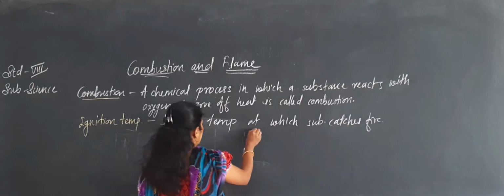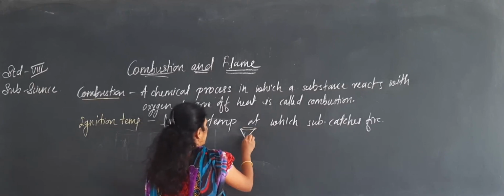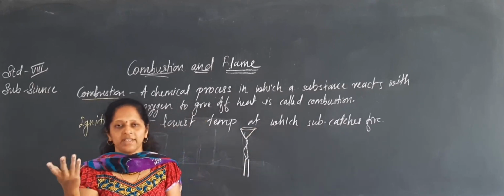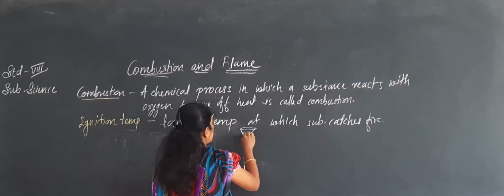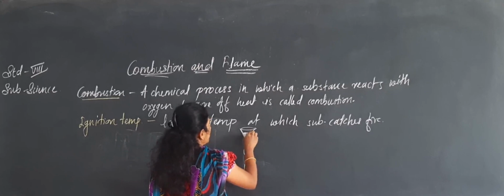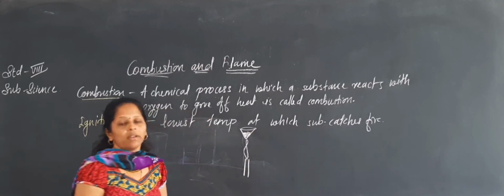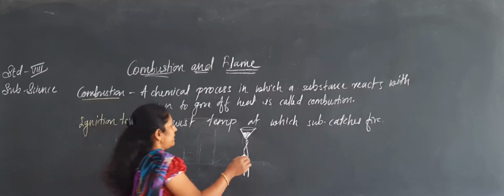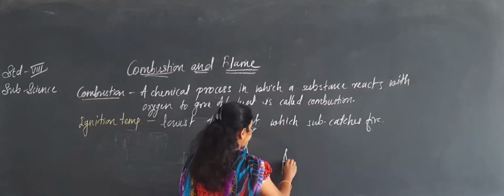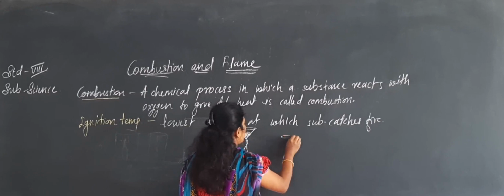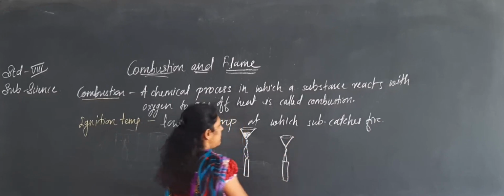Take a paper and make it into a cone. Before holding the paper cone on the candle, add water to it. For another candle, also prepare a paper cone and hold it on the burner.